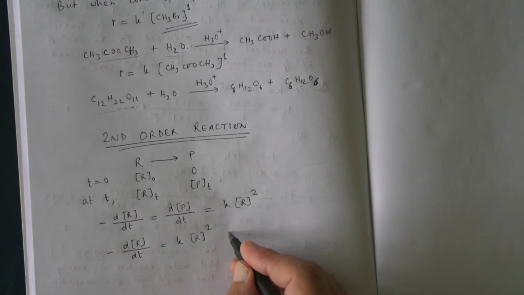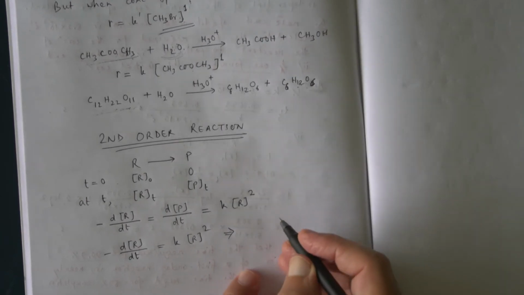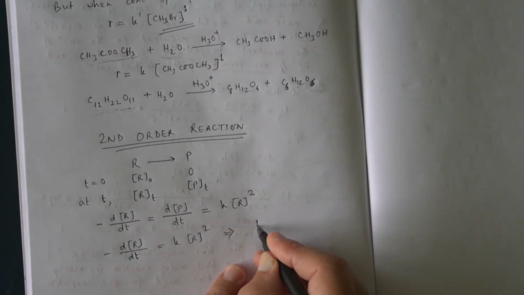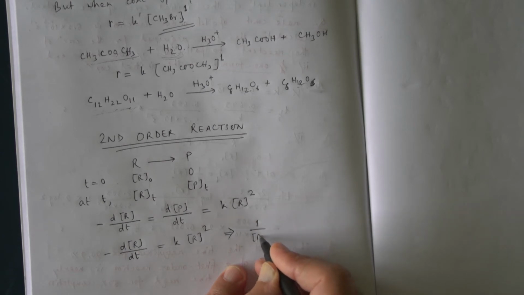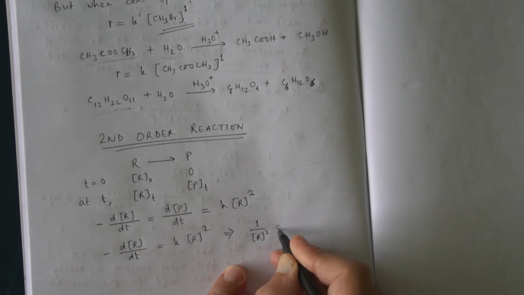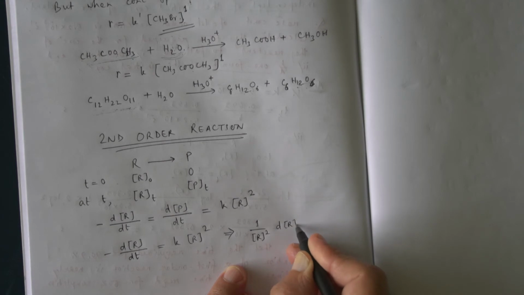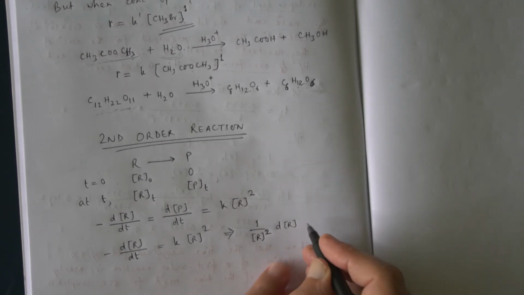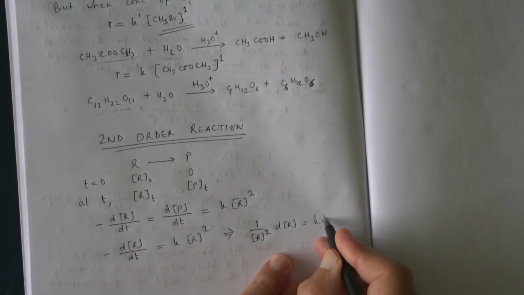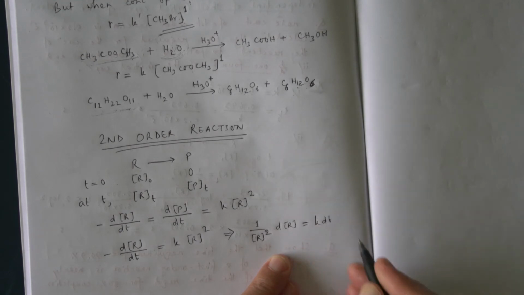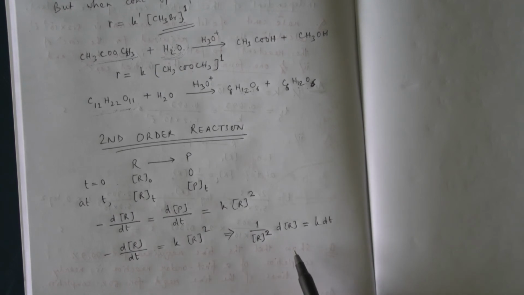From this we can write 1 by R square dR equal to k dt. Then as before we will do the integration.